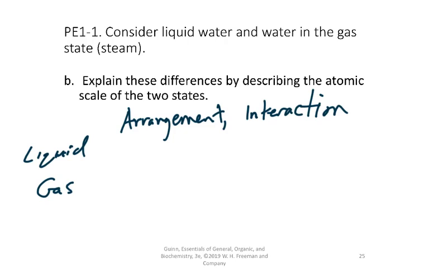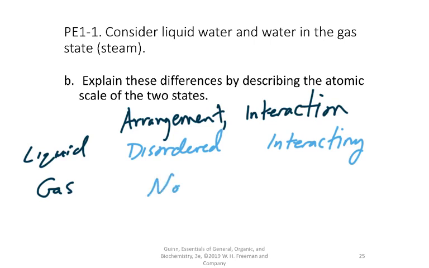Is there an arrangement? Yes. Is it an ordered arrangement? No. It is a disordered arrangement. And the particles are interacting. Think of it like the mosh pit. It's highly disordered, but they're bouncing and tumbling over each other and interacting. Gas particles have no arrangement and have no interaction.